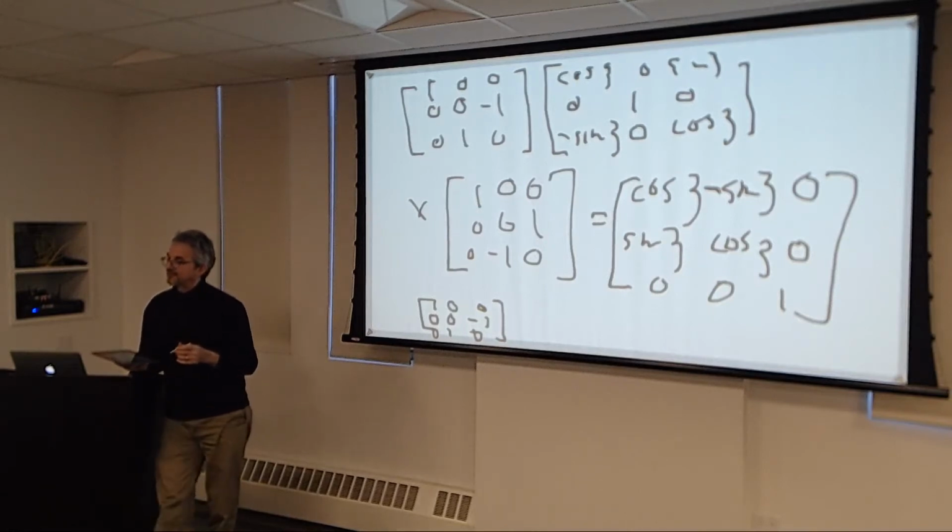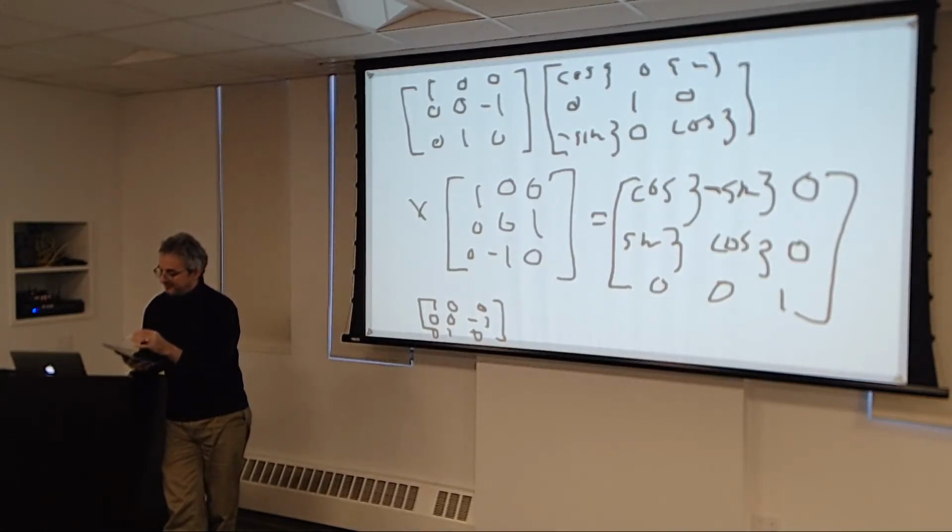And then we have to figure out what that matrix is. And in many cases, that's not going to be so easy to do. But in this particular case, it is. So cosine, cosine, 1 on the diagonal, minus sine and sine.